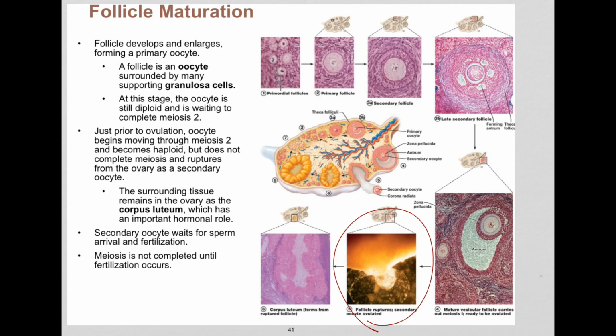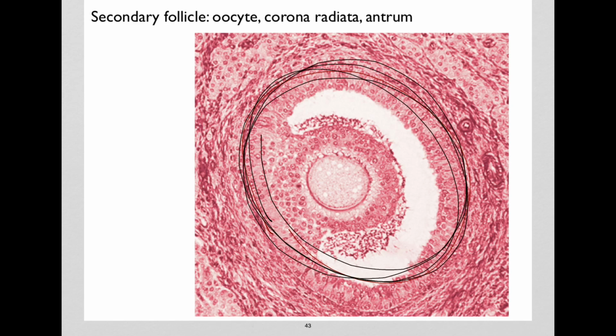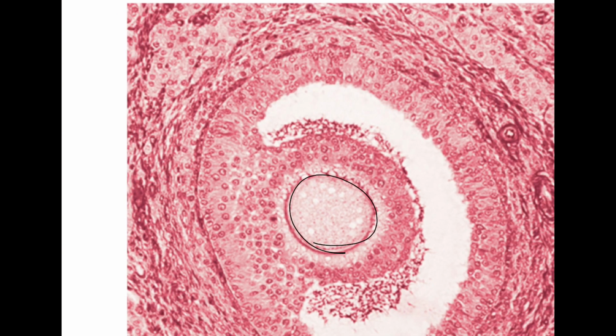Okay? And those two terms, oocyte and follicle, we need to distinguish. So if you zoom in very close on a secondary follicle, this entire structure, this whole thing, is one secondary follicle. Right? This enormous cell, it really is very, very large.